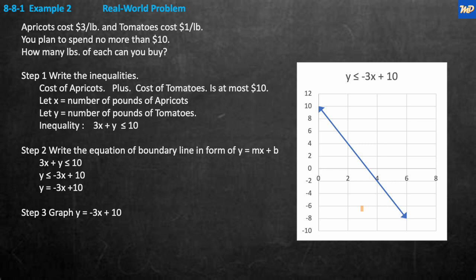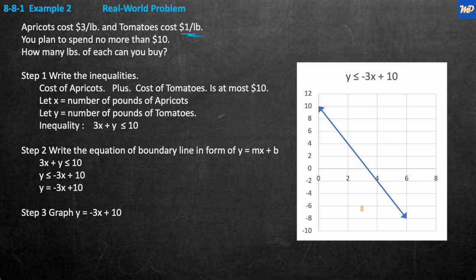And so our inequality is going to be 3 times x, $3 a pound for x, which are the apricots, plus 1y, because we found out up here at the top that it's $1 per pound, right up here. Right there, $1 a pound.